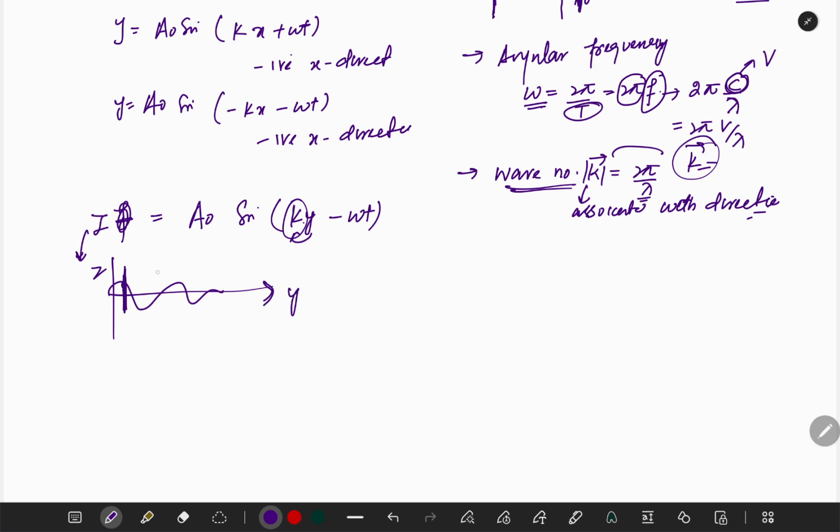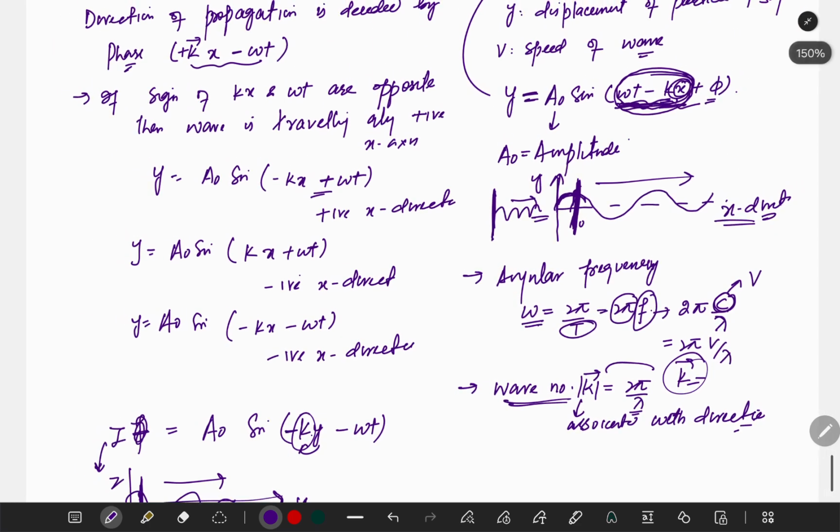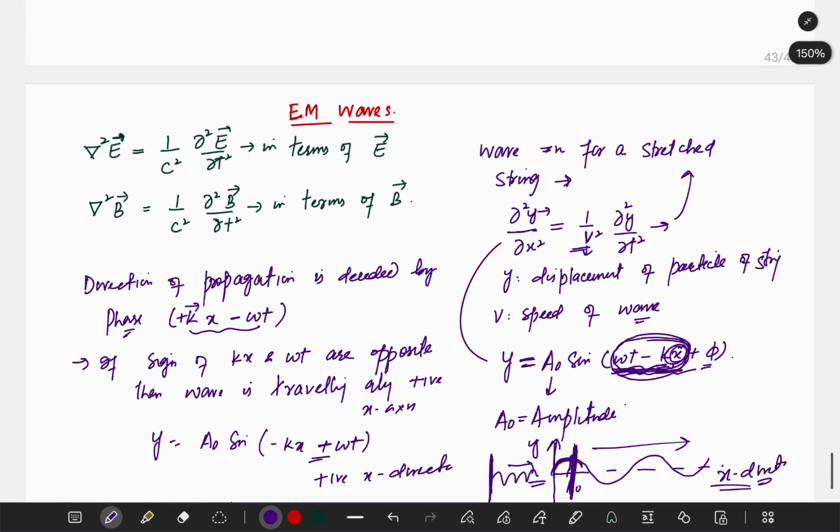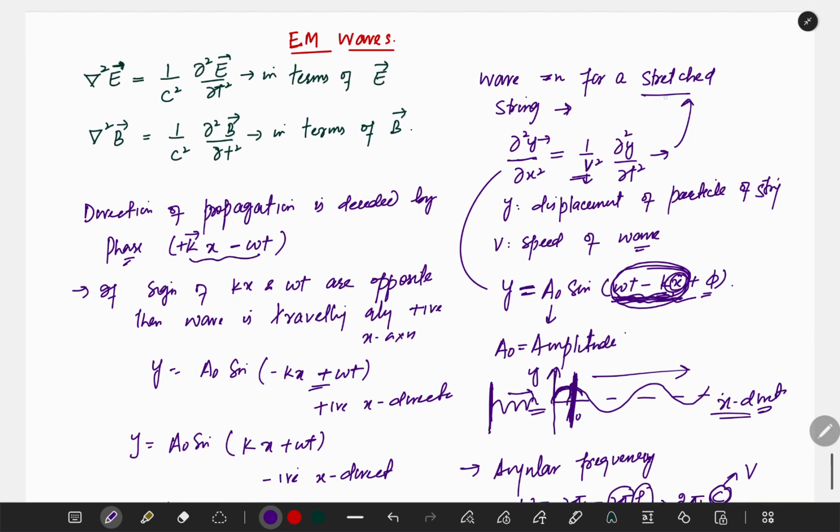So the wave is traveling along the y-axis because the signs are opposite. If the signs were both negative, the wave would travel in the other direction. I hope you understand. From a stretched string, we understand certain things.